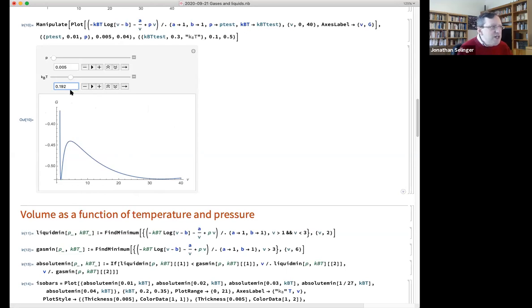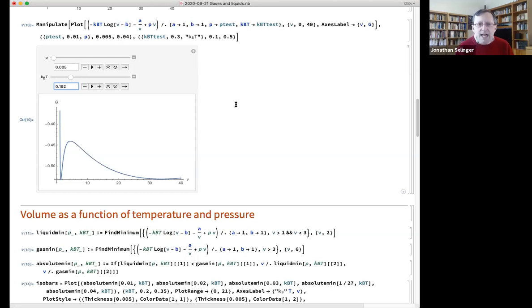Previously it was at a temperature of about 0.22 in those funny units. Now it's at a temperature of like 0.19. Okay, so that is saying that at lower pressure, the transition between liquid and gas occurs at a lower temperature.